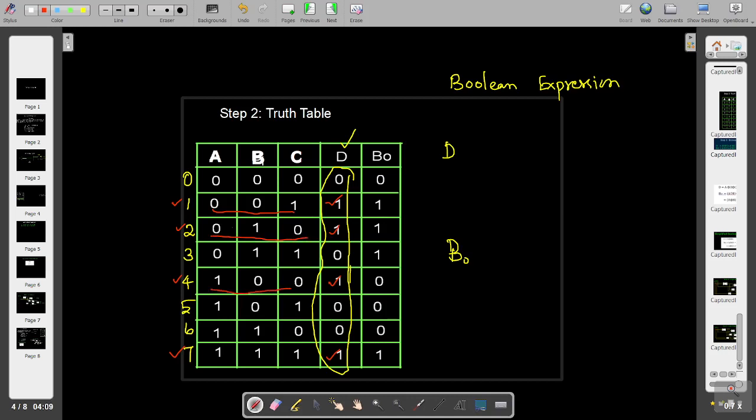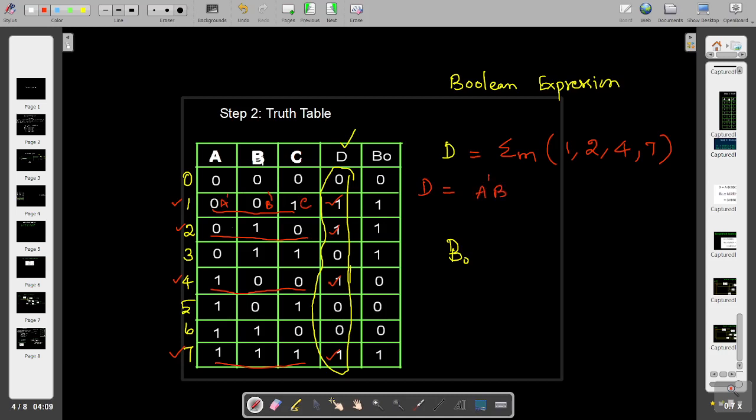So we have to check the combinations corresponding to that one. 4 and 7. So we can write it as the minterm, sigma m of 1, 2, 4, 7. And in terms of expression, how do we write? D is equal to that 1 corresponds to A bar, this is B bar, this is C, isn't it? 0 represents bar.